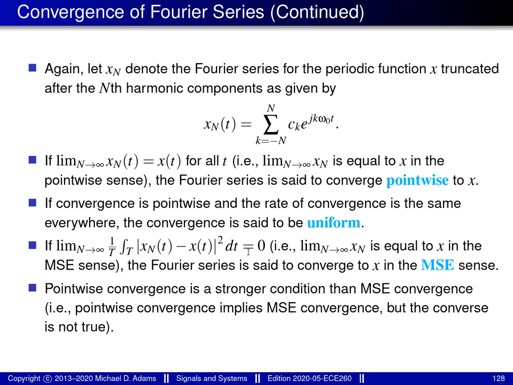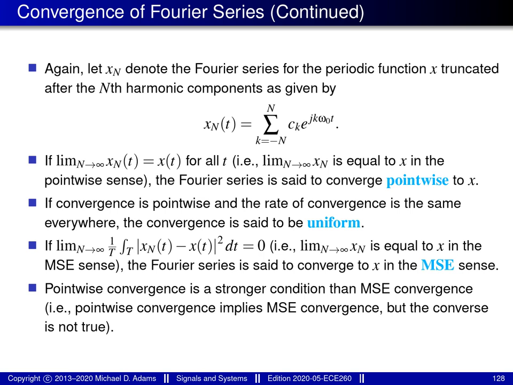If this is equal to 0, in other words, what we're saying is that the limit of x_n as n goes to infinity is equal to x in the mean squared error sense, then we say the Fourier series converges to x in the mean squared error sense. And pointwise convergence is a stronger condition than mean squared error convergence. In other words, pointwise convergence implies mean squared error convergence, but the converse is not true.